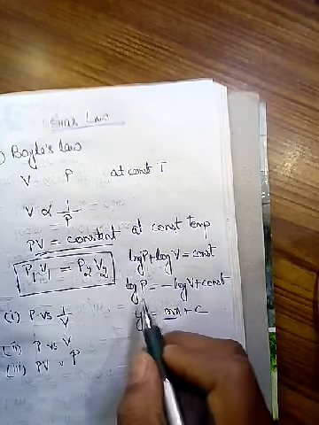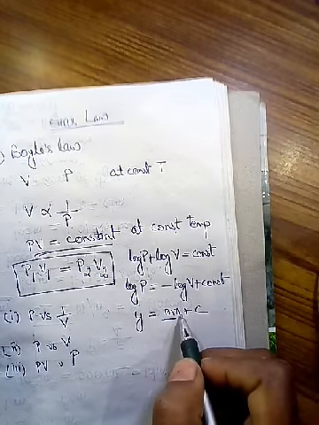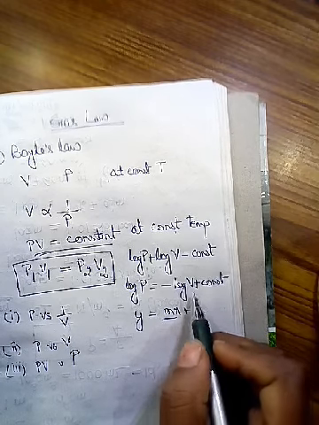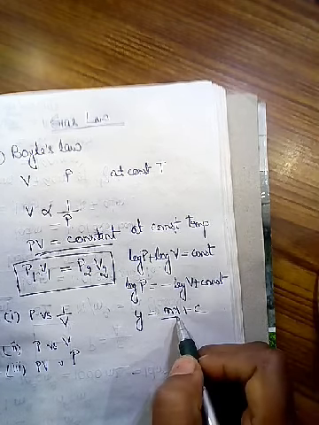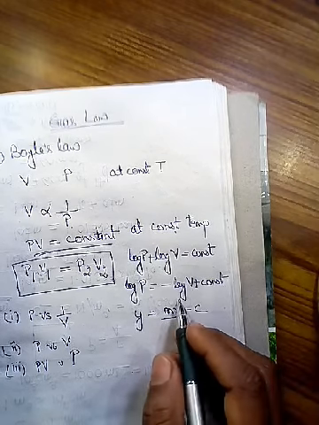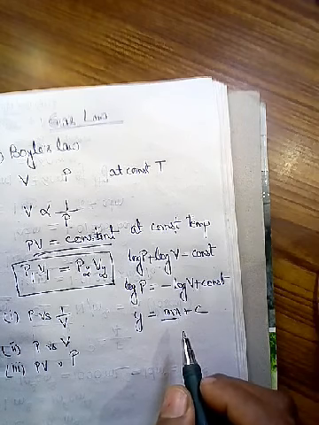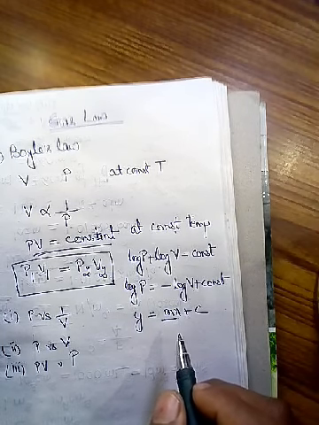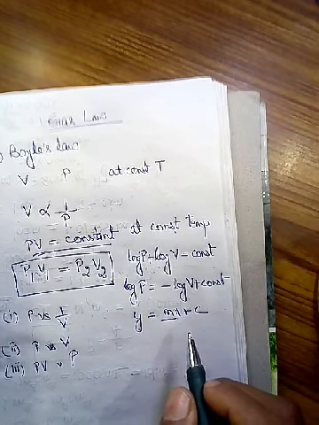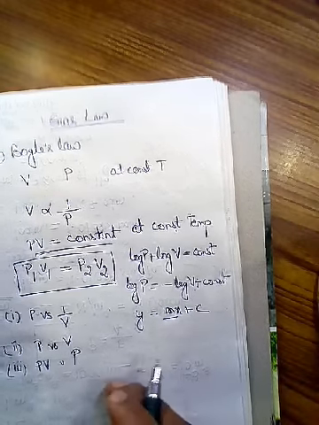So y is log P, along x-axis we can take log V, and the slope comes out as -1. That is, this is equation for a straight line having negative slope. So we can have the graph one by one.